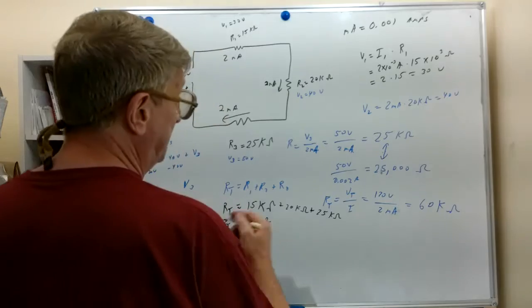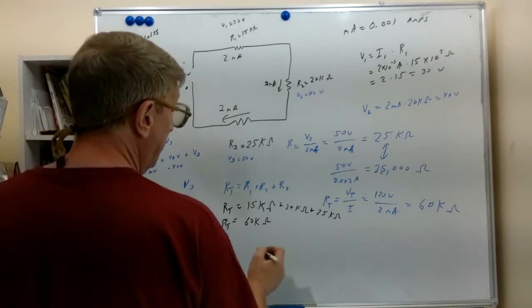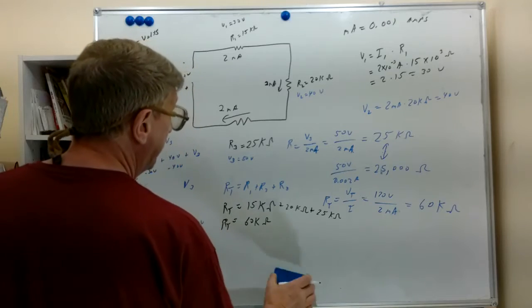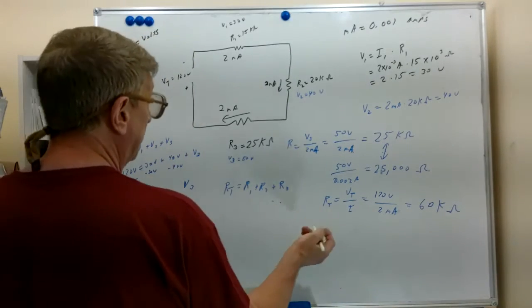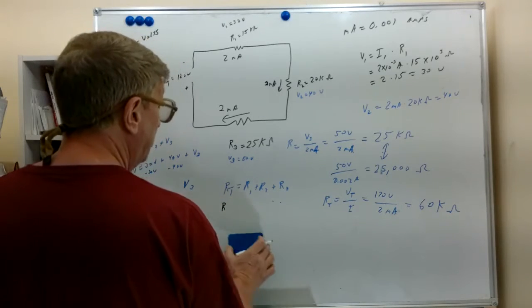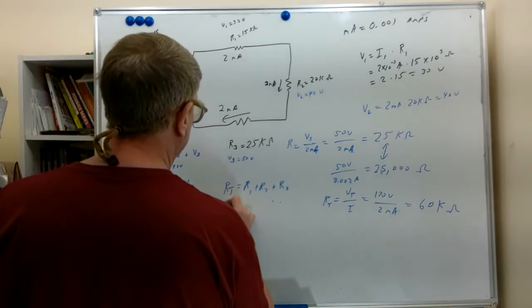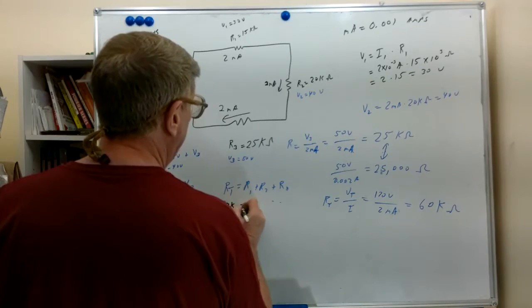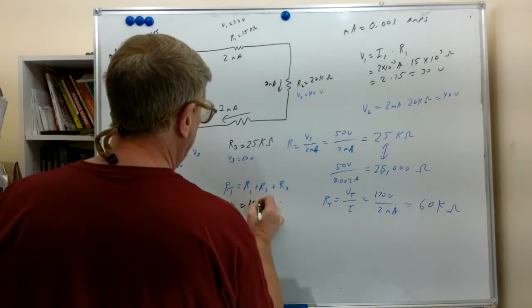Now another way we could have done this, if we hadn't calculated R3 first, we could have taken the same formula, RT equals R1 plus R2 plus R3. Well, RT we just calculated to be 60K. And R1 was given to us as 15K.